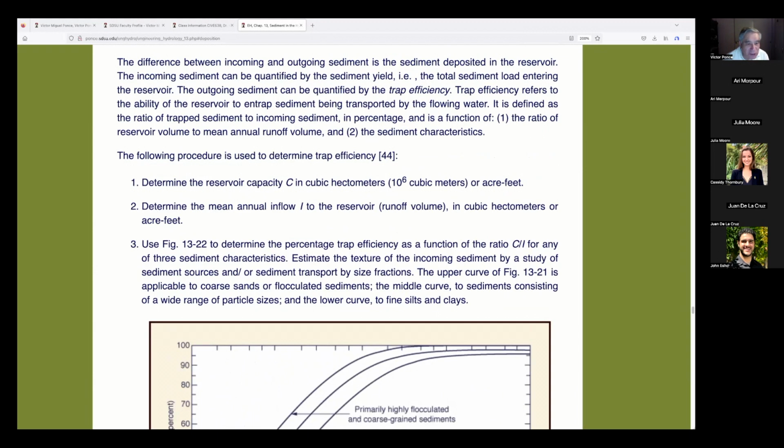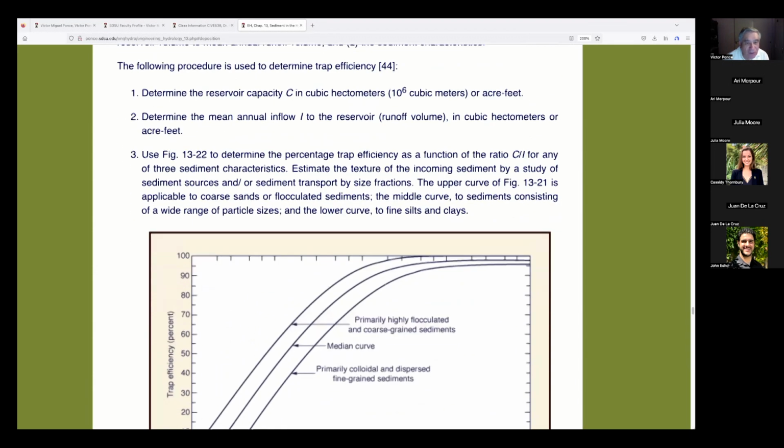So the procedure to determine trap efficiency, following the NRCS manual, is to determine the capacity C in cubic hectometers. Allow me a little bit of latitude here. You may not have heard cubic hectometers before, but it is 1 million cubic meters.